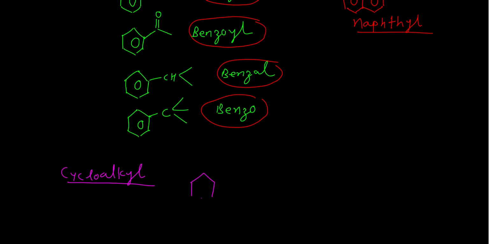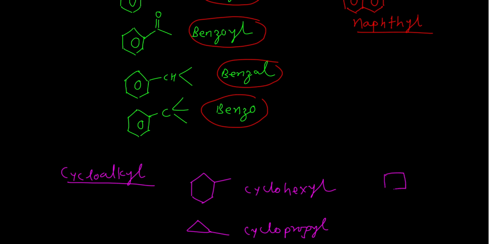You have this cyclohexane, and if you free one valency here, this will be your cyclohexyl. Similarly, you can make cyclopropyl. Similarly, you can make one valency free in cyclobutane, so it will be cyclobutyl.